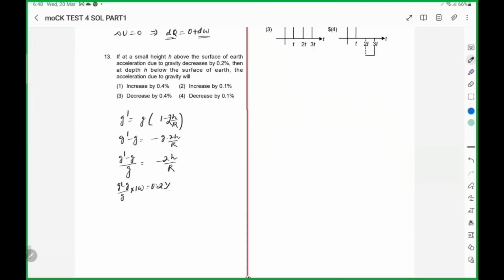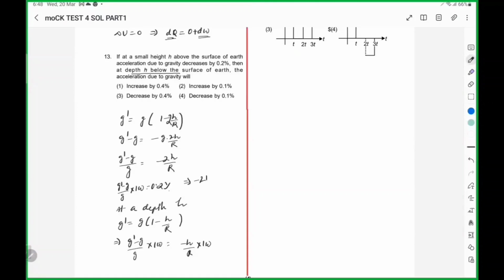0.2%. Acceleration due to gravity decreases by 0.2%. At a depth d, acceleration due to gravity is g into 1 minus h by r, which implies (g dash minus g) by g into 100 is minus h by r into 100.